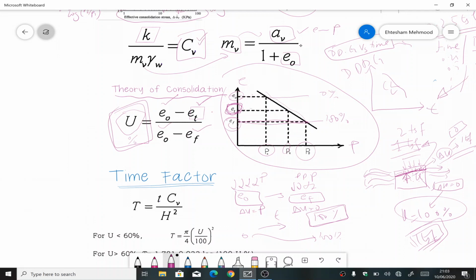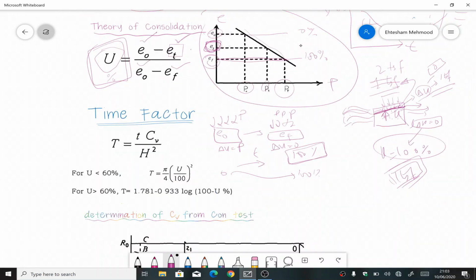So now we come to finding out the CV that we were talking about a while ago. This formula here will help us find out the CV for the soil specimen. Small t is actually the time in years. And what is this time?